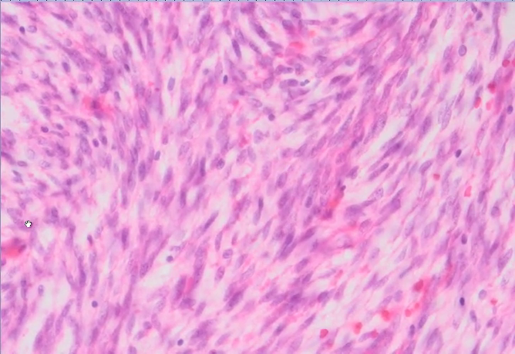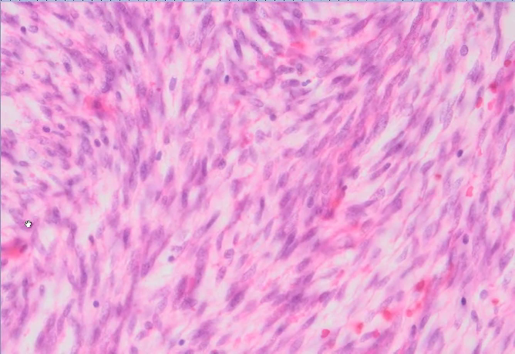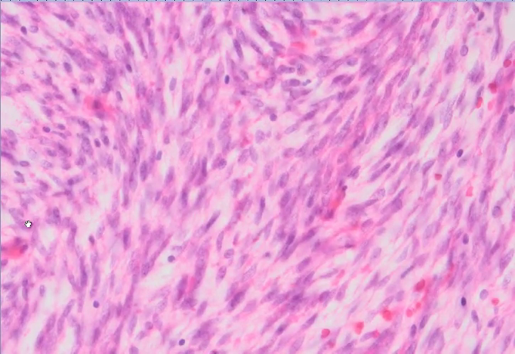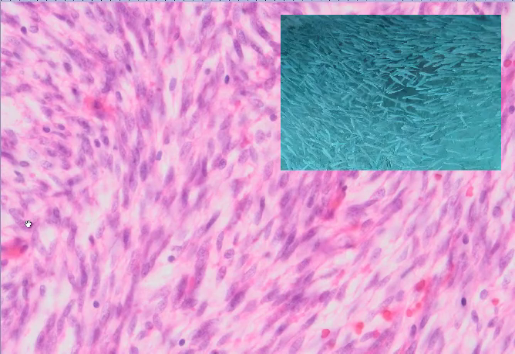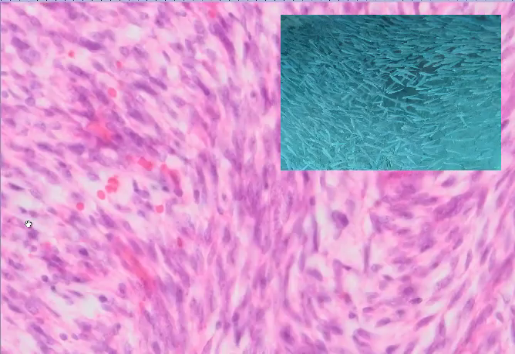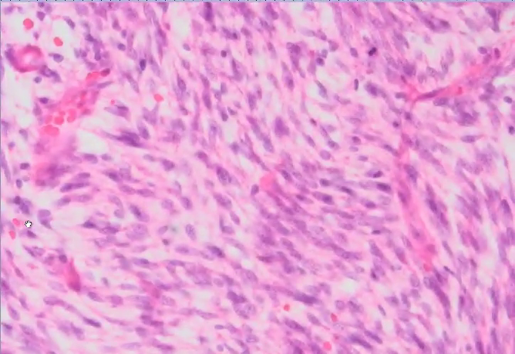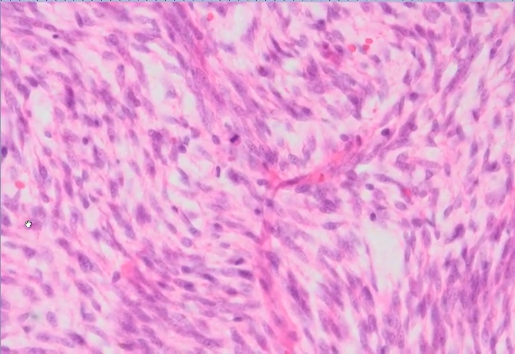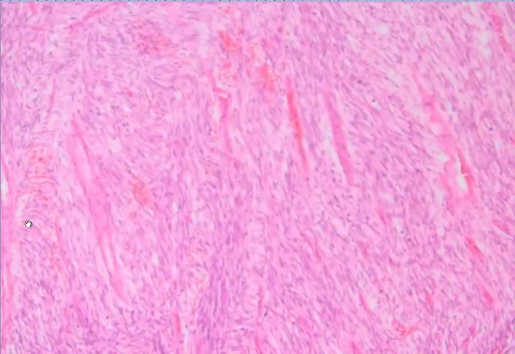This pattern is also called a group of fish. Some mitotic figures like here, and of course this lesion is larger than nodular fasciitis.